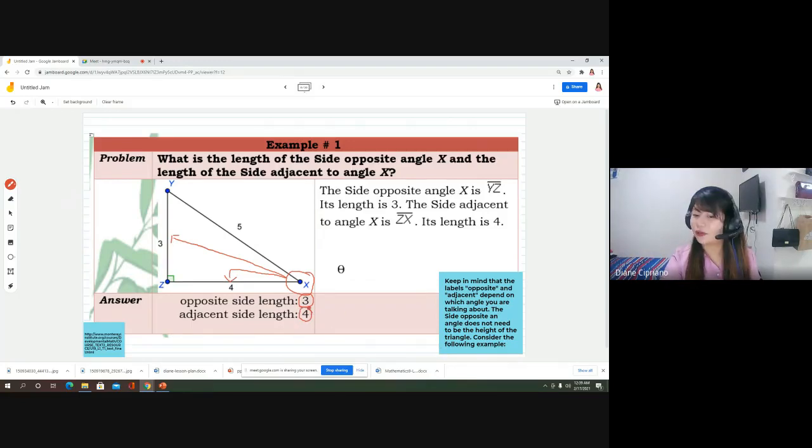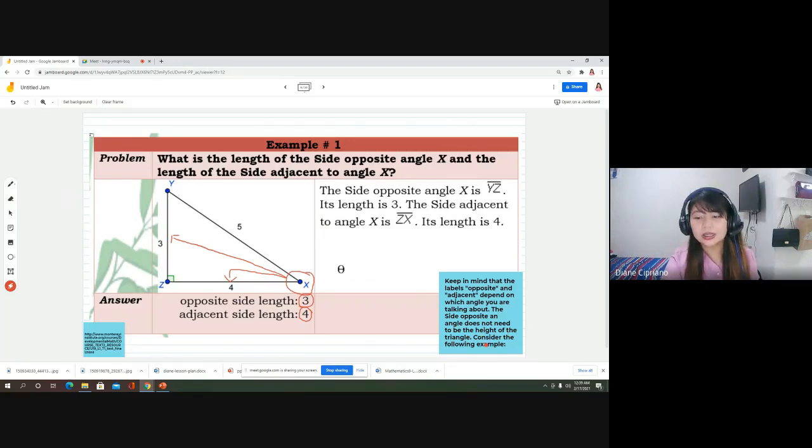So, as easy as that. Just get the value of the opposite side and then the adjacent side. And we have here a note that we need to keep in mind: the labels opposite and adjacent depend on which angle you are talking about. The side opposite an angle does not need to be the height of the triangle.